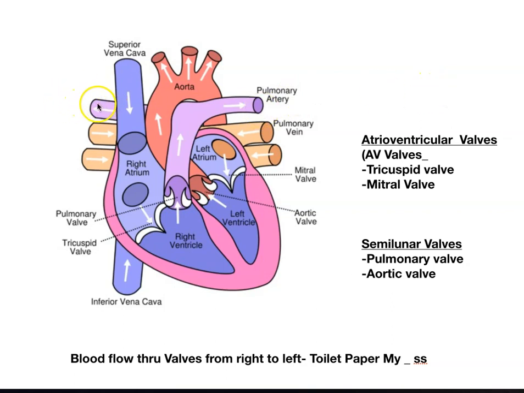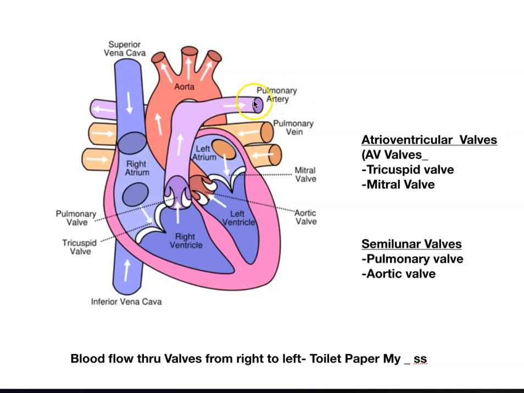The right pulmonary artery is taking it to the right lung. How do you know this is the left pulmonary artery? Because this is the left side of the heart. Always look at your superior and inferior vena cava. When you see the superior and inferior vena cava, that is always going to be the right side of the heart.